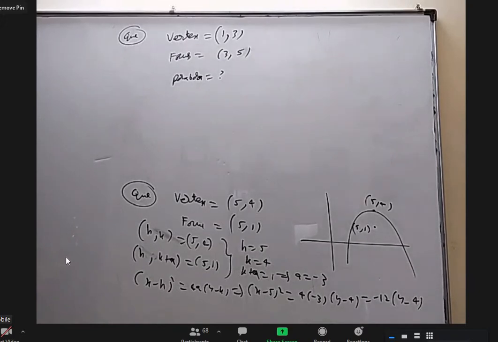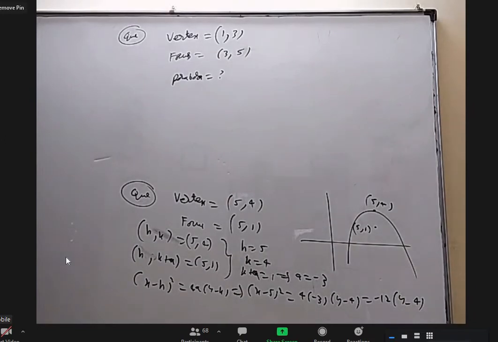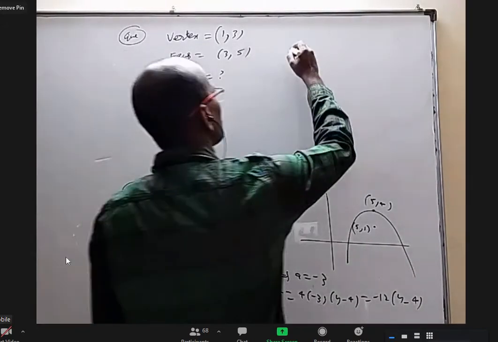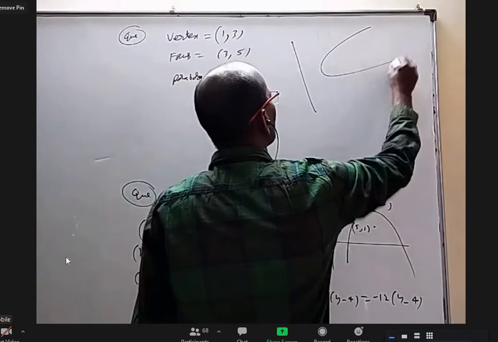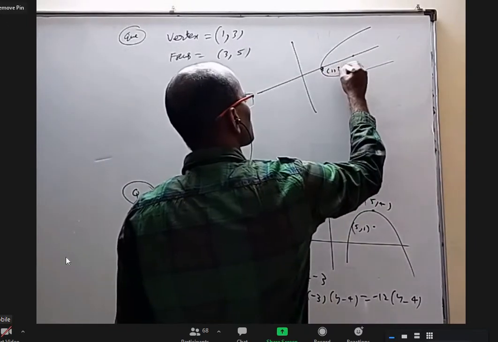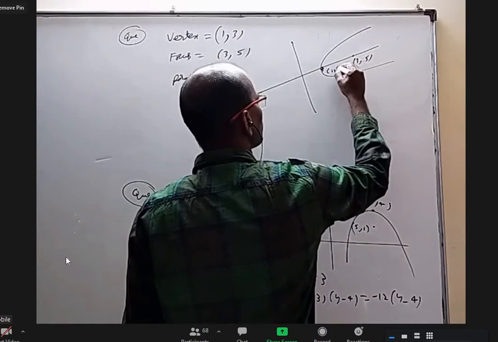Here x coordinates are not the same. y coordinates are also not the same. That means it's neither a parabola with axis parallel to the x-axis nor to the y-axis. So it is some kind of rotated parabola, like this. This is (1, 3), this is (3, 5).